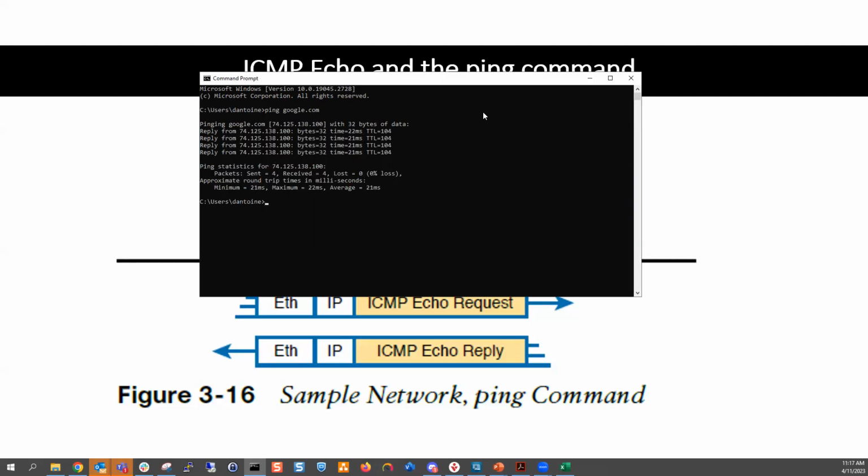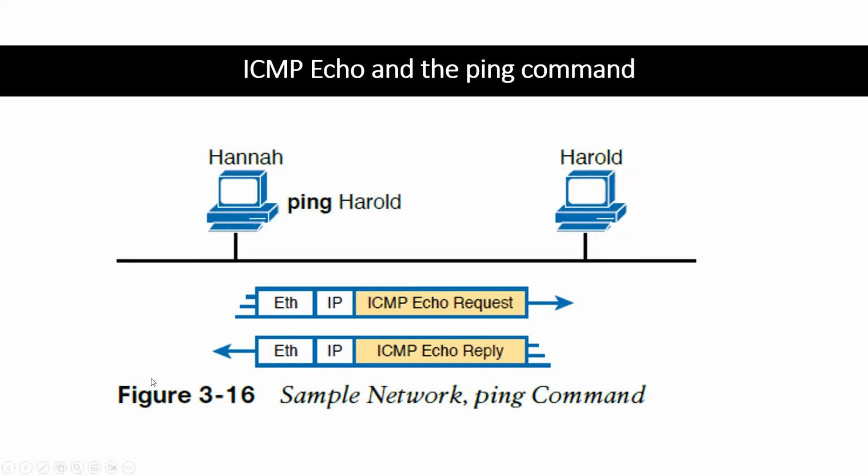So I'm using the ping command, the packet internet groper, and it's using ICMP to send those request packets from my computer, and my destination should respond back with a reply. This is a mechanism that's built into the TCP/IP suite.